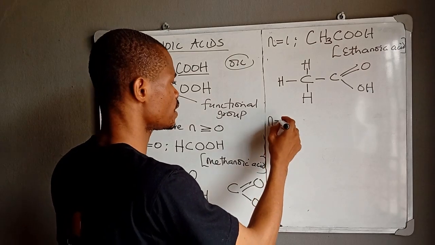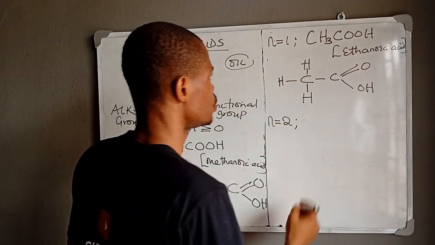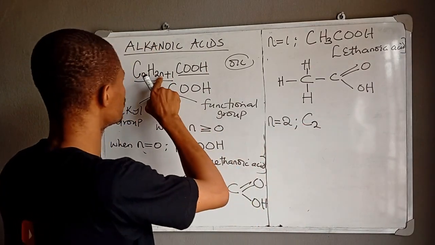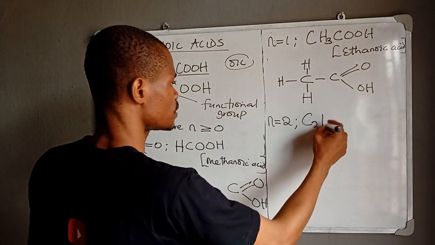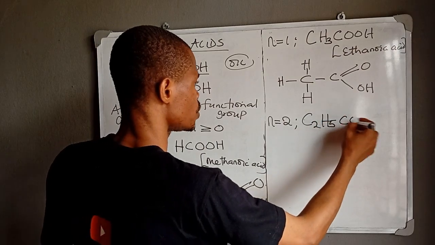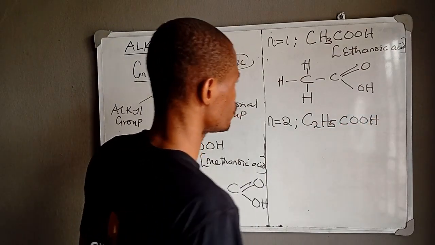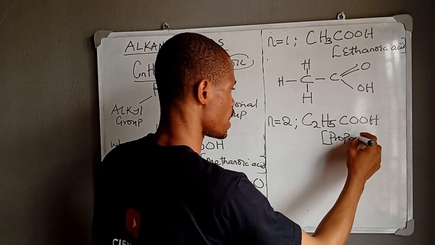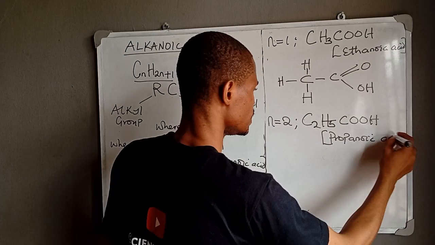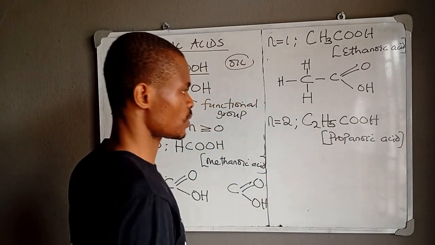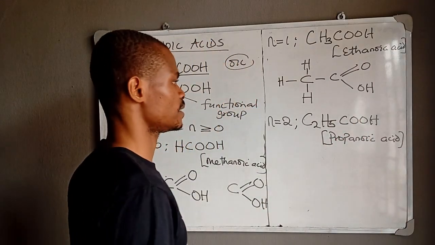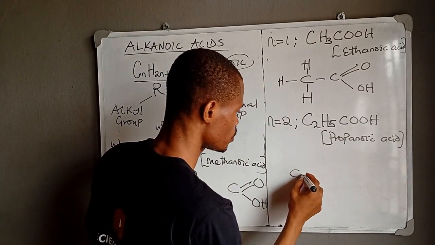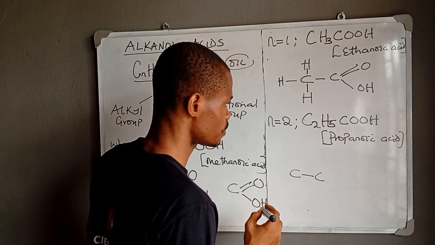When n is equal to 2, we substitute 2 here, so we have C2. 2n here is 4, plus 1, that is 5, so C2H5COOH. This is called propanoic acid. Three carbon atoms, so propanoic acid. So we simply have the structure C2, carbon to carbon bond.